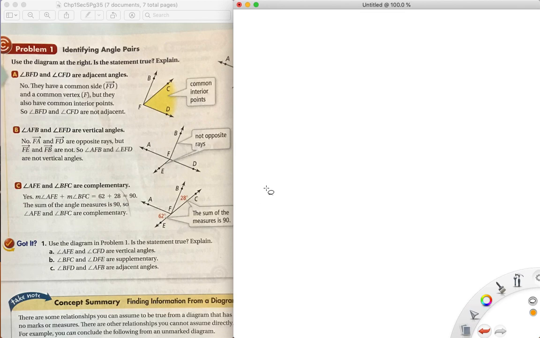Complementary. So they give me this scenario.